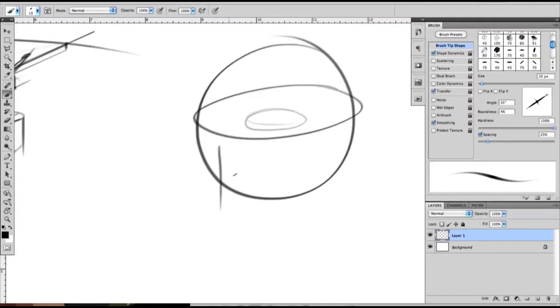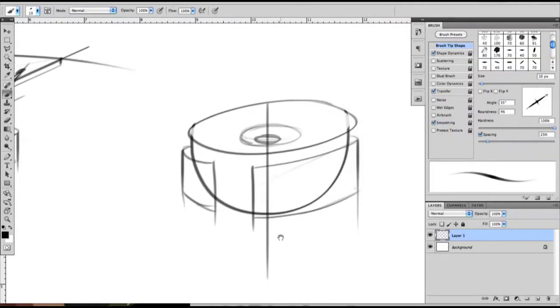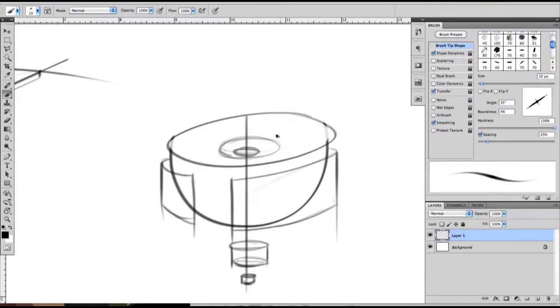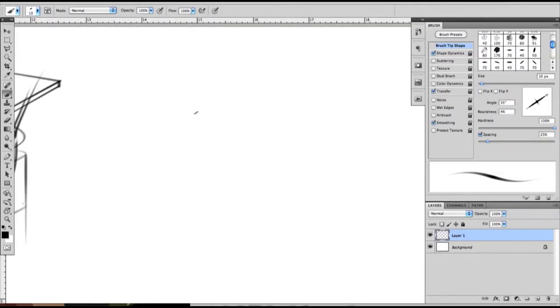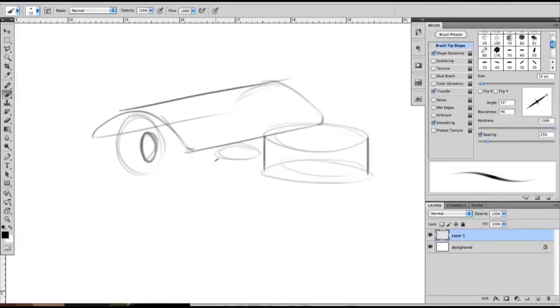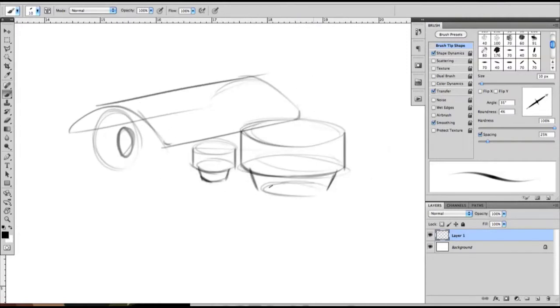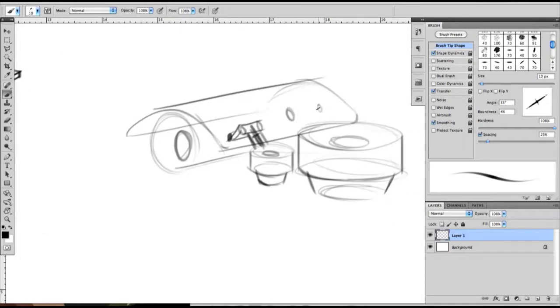So, for this design, I tried to think about the scenario which I had set up for myself. The scenario was a story in which a nomadic tribe has been stranded on a deserted planet for a number of years. So they would have to be self-sufficient based on the technology that they had coming there.